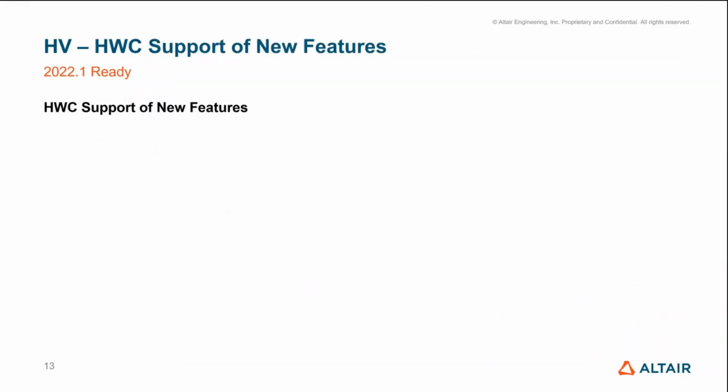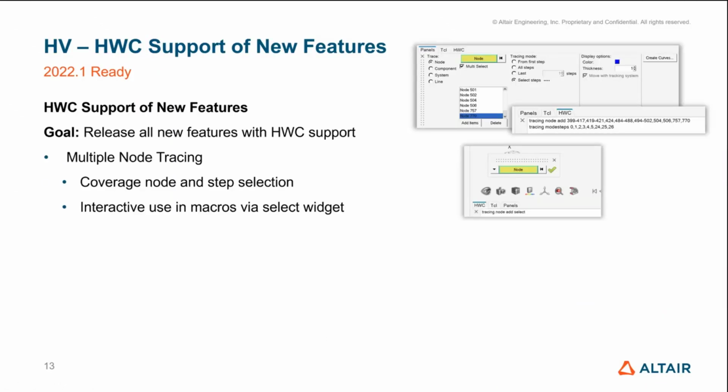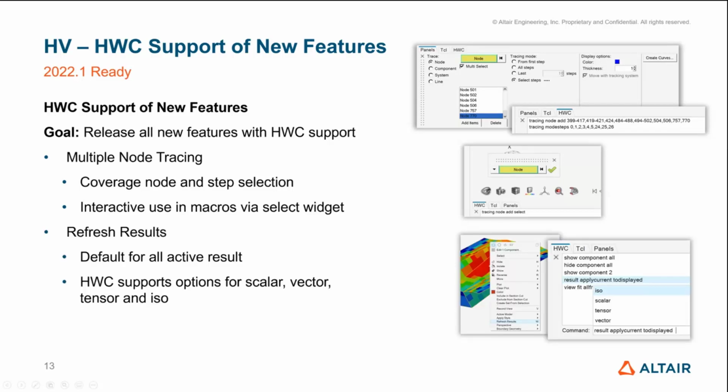So there are other new minor features for the multiple node tracing, which was important for Crash. We now record everything. So we have tracing nodes and a tracing of the mode steps will be recorded, and the interactive selection for these nodes, if you want to do it in a macro, is supported.